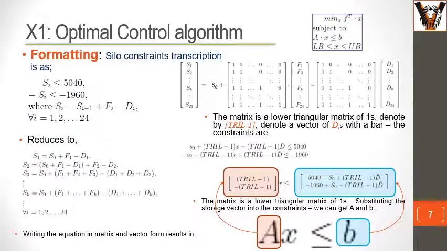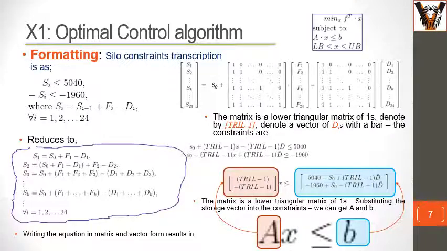Now, this then translates to, so this is the equation that we have. So you've just discovered that these three equations, we can translate them into that. Therefore, it means that we can write a vector equation that S1 should be equal to S0 plus a lower triangular matrix of 1 multiplied by F, a vector of inputs, minus a lower triangular matrix of 1 times all the demand inputs.